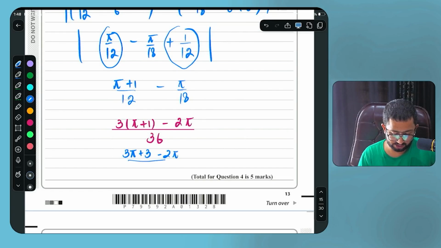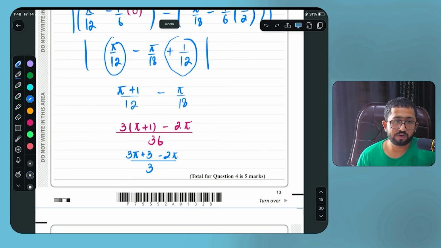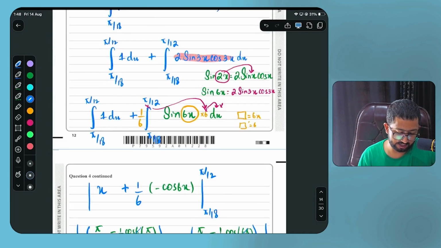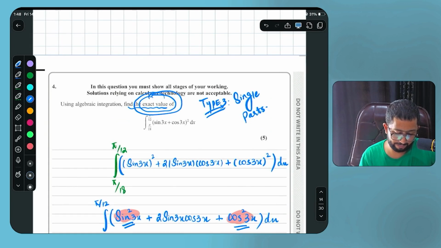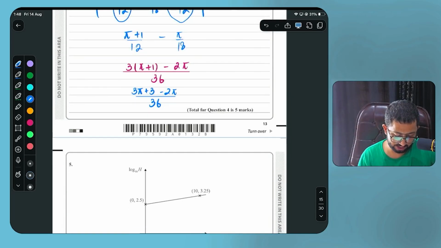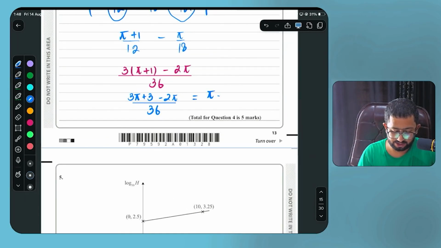Even though you can use your calculator directly, your answer should be in exact value, not in decimal value, because the question said to find the answer in exact value. Do not try to use a calculator. The final answer will be pi plus 3 over 36.